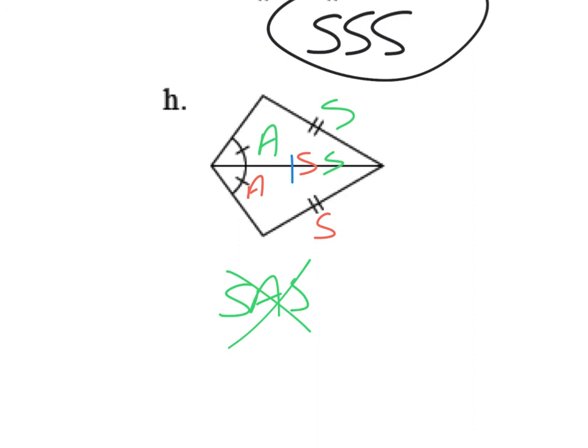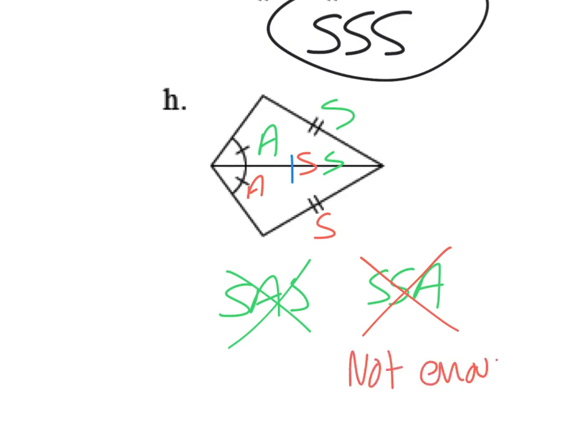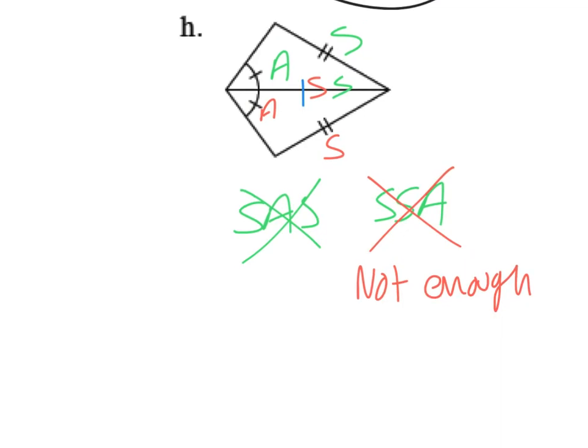The angle is not located right here in between the two side lengths that I am given. So this is actually a side-side-angle relationship where the angle is not included in between the two sides. And this does not work either. This is not one of the congruence conditions. So here we would have to say, based on the given information, there's not enough info in order to determine congruence.